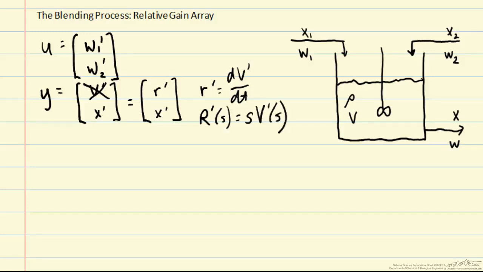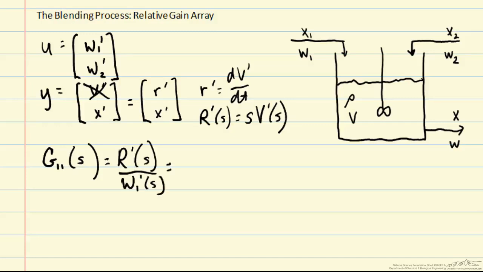So capital R prime of s is s V prime of s. Now that we have two inputs and two outputs, we can express four distinct transfer functions. So we can have G11 of s, which is R prime of s over W1 prime of s, and that is just 10 to the minus 3.